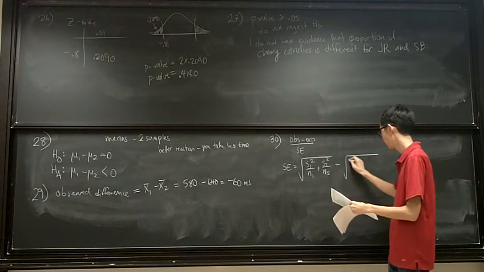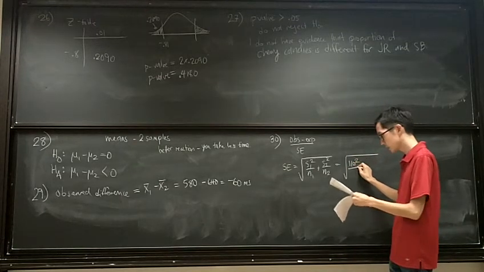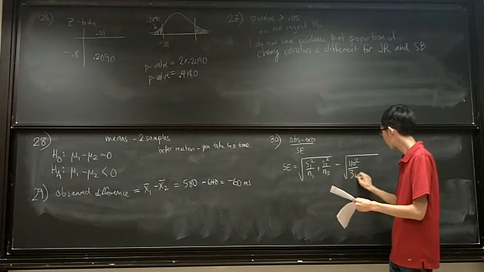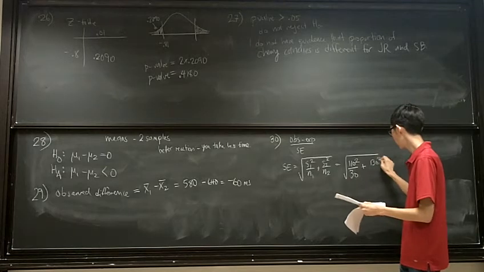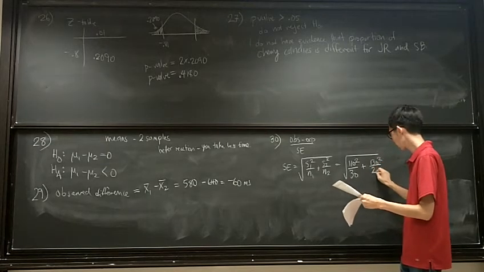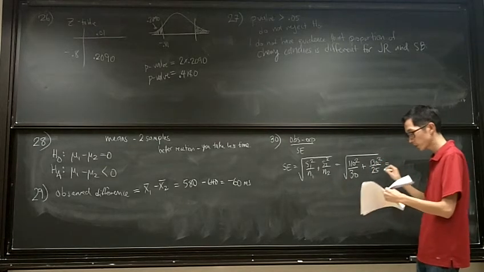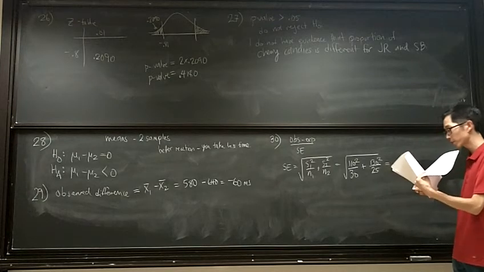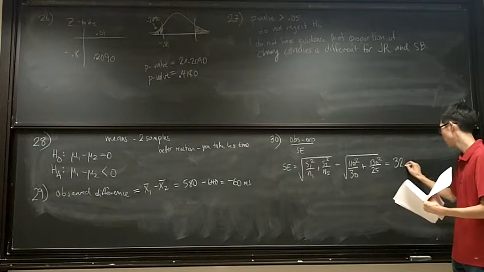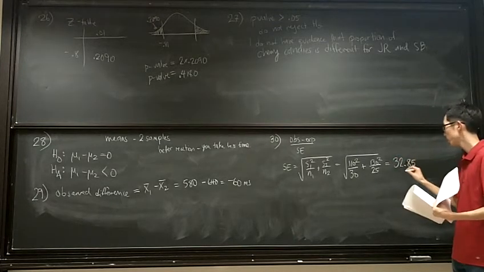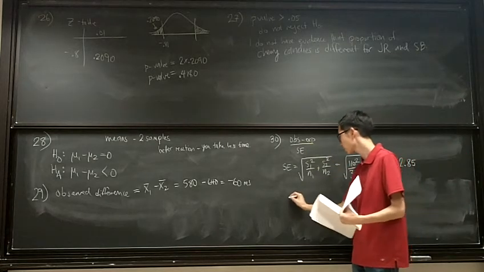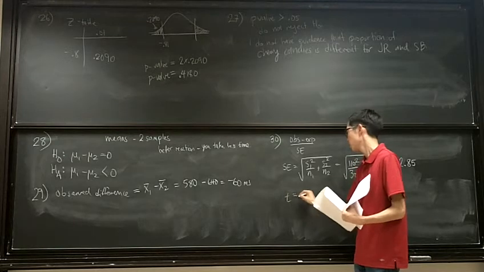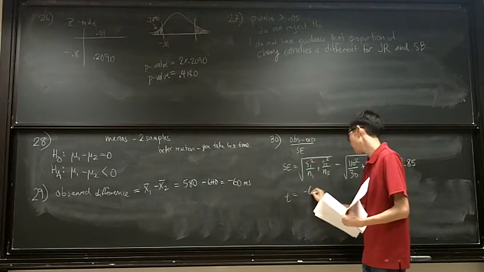Square root of 110 squared over 30 plus 130 squared over 25, and the number there is 32.85. So my test statistic, the observed value I got was negative 60.